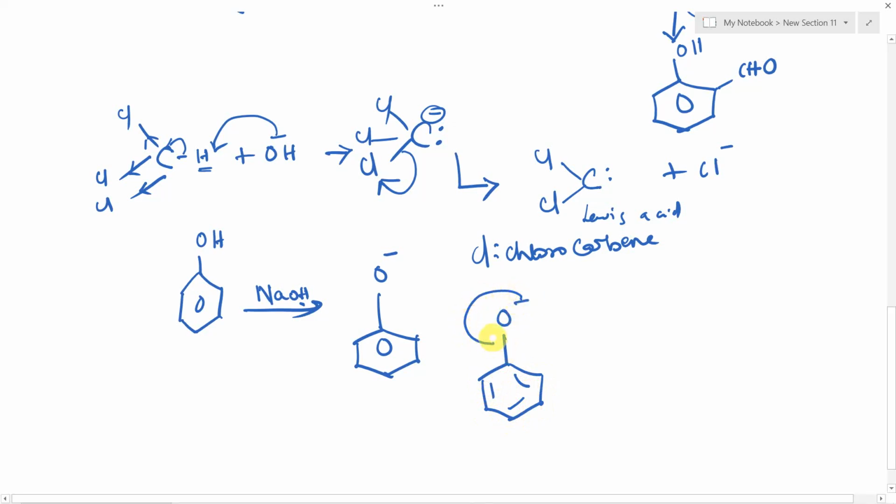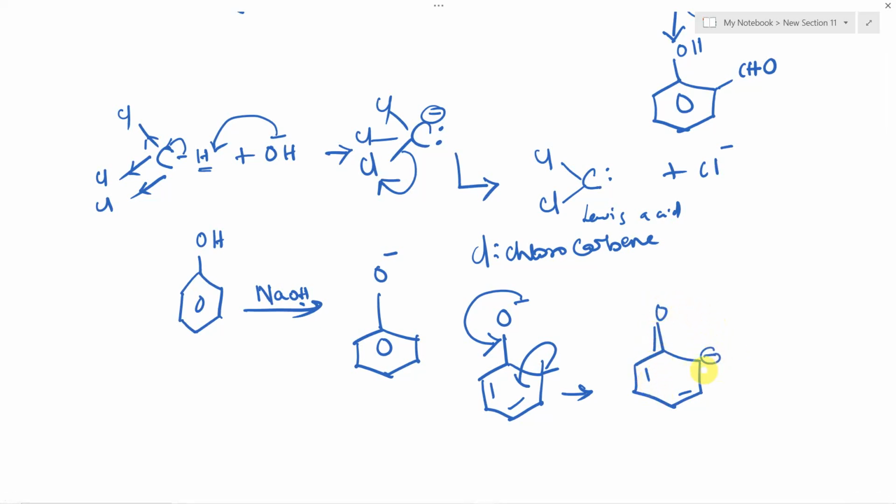So the O minus will donate its electron here, and this bond will shift over here. This gives rise to a double bond. Here is a negative charge and 2 bonds are here, and this is a double bond. Here there is a pair of electrons.